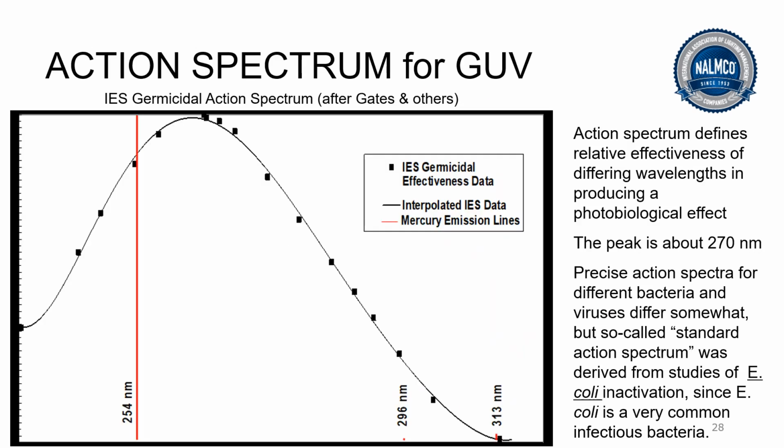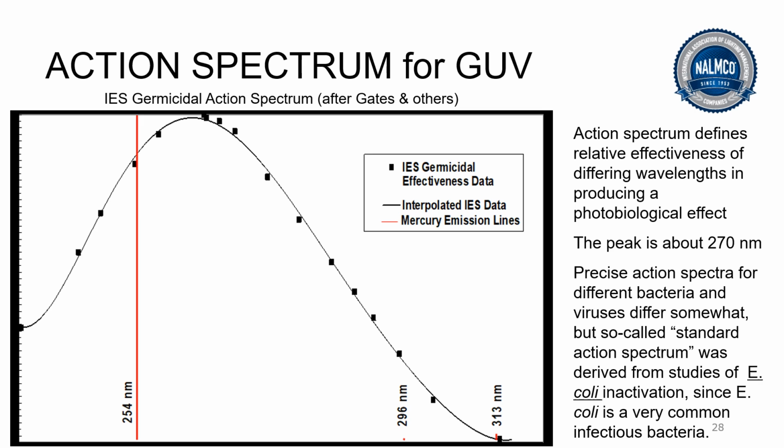Another point that is useful to keep in mind is that not all wavelengths are the same. Some wavelengths are much more effective, or they might be more hazardous too. And photobiologists use the term action spectrum to describe the relative efficacy of radiant energy at different wavelengths in the ultraviolet. And we see an example of what used to be called the standardized germicidal action spectrum.